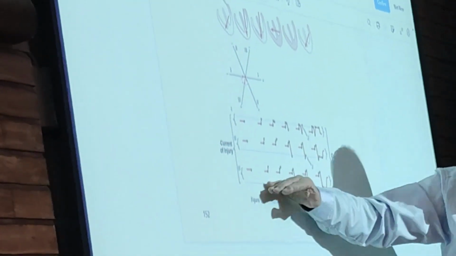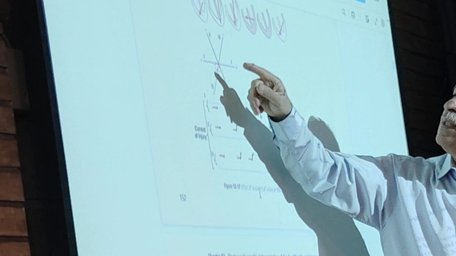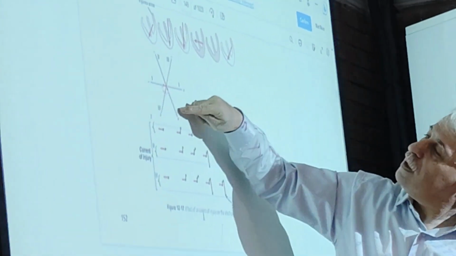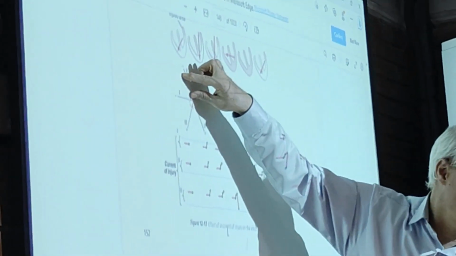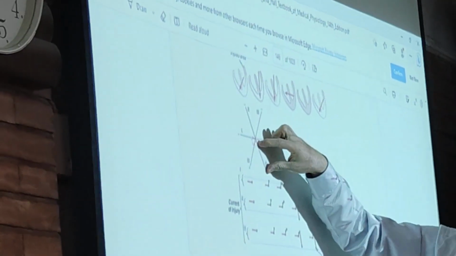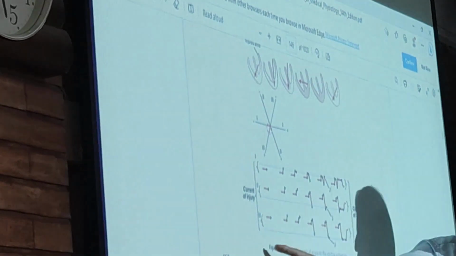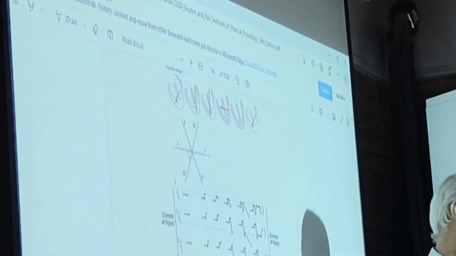This is above the zero potential line. In limb lead 2, see, this is the positive end, this is the negative end. It means it is in the positive direction of limb lead 2. In limb lead 2 we have a positive, in limb lead 3 we have a positive, in limb lead 1 we have a negative deflection. This is the current of flow.